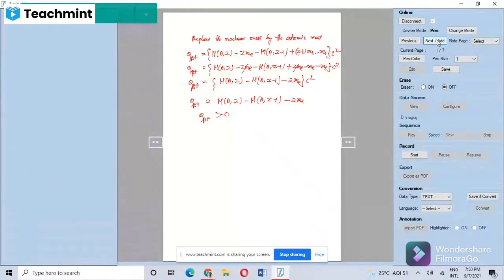If this is greater than 0, then M of A comma Z is greater than M of A comma Z minus 1 plus 2 into ME.